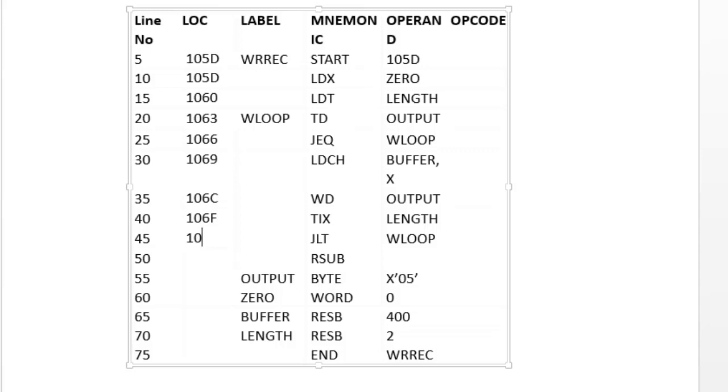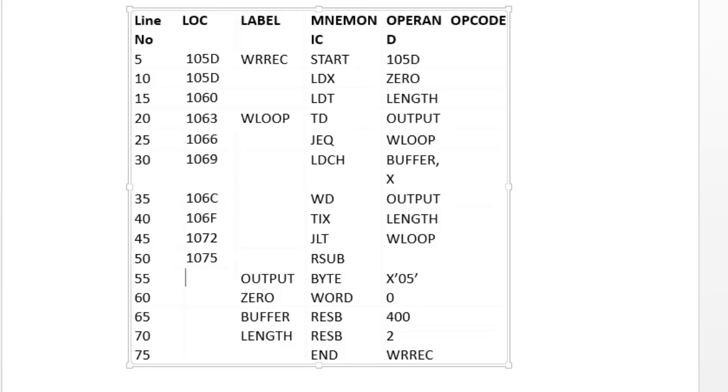It will be 10. But now we have 6 already behind F. So it will be 7, 70, 71, 72. So this will be my next address. And after 1072, it is 3 bytes again from 1072 is 1075.